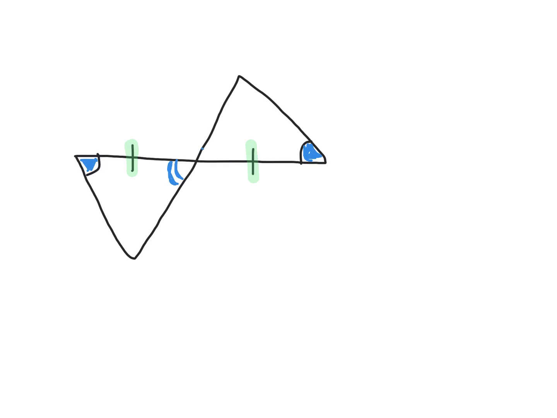I'm going to put two arcs right here because I know that angle might be different from the one arc, so I'm drawing two arcs. The angles that I just identified here, I know that those are congruent to each other because they are called vertical angles.